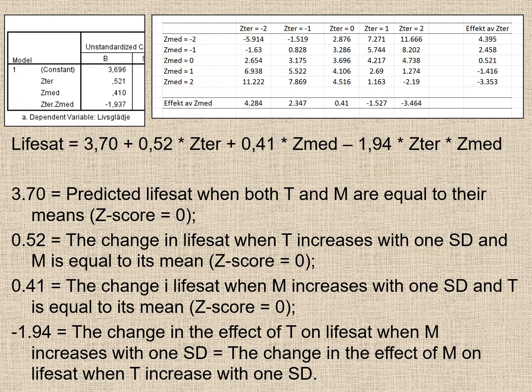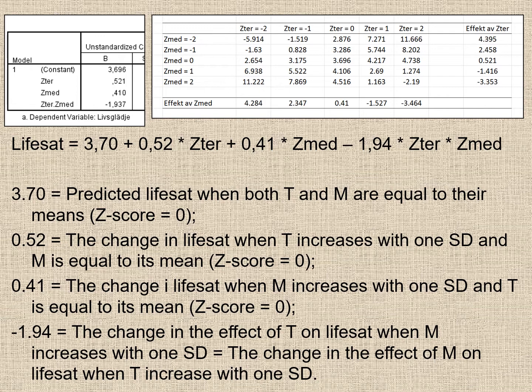So given that your value on zeta therapy is 0, you receive an average amount of therapy. An increase in medication by 1 standard deviation is associated with an increase in life satisfaction of 0.41 points. So those two coefficients stand for the effect of that predictor on the outcome, if the other predictor is 0.